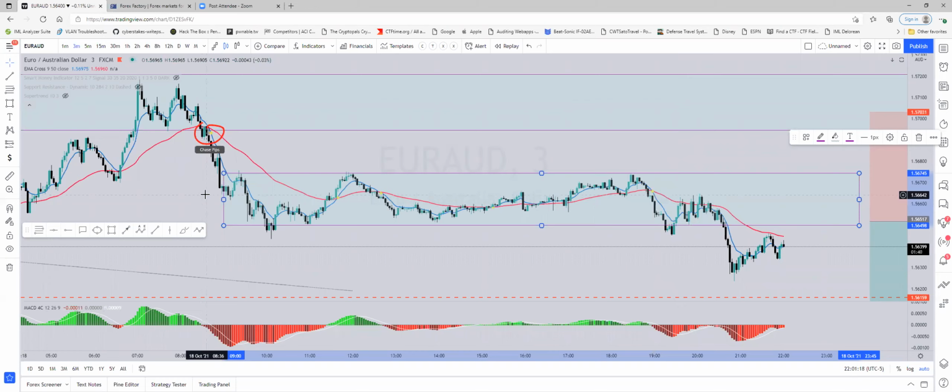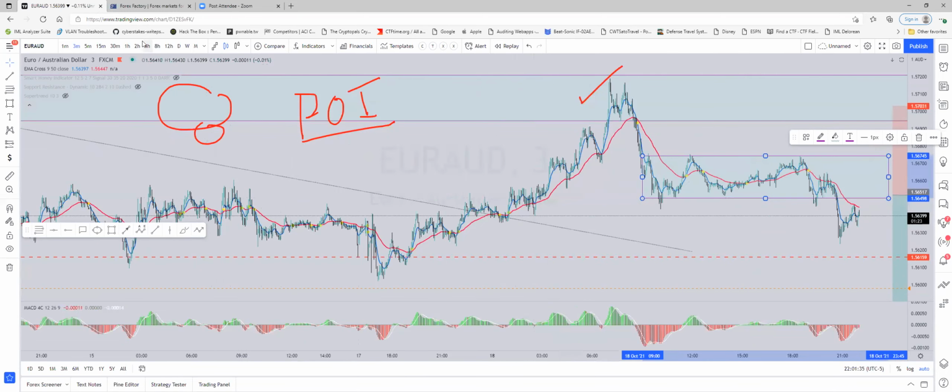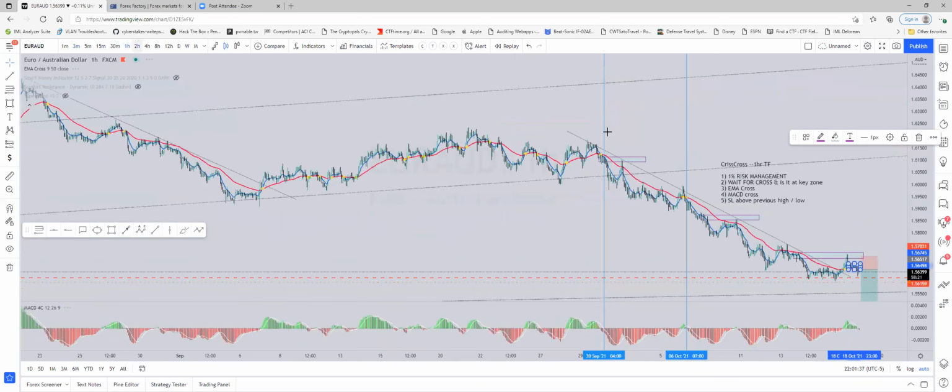You could have taken this cross coming out of, he had a higher time frame POI. Okay. And remember, I told you, what's the number one rule? Risk management. What's the number two rule? I got it memorized. Anybody else memorize it?